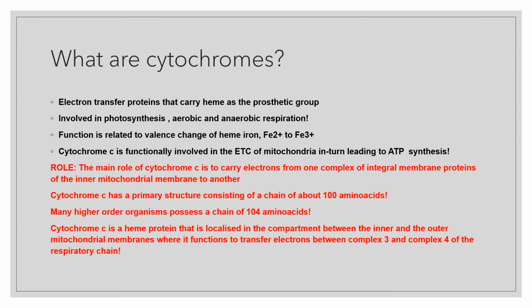Many higher order organisms possess a chain of 104 amino acids. Cytochrome C is a heme protein localized in the compartment between the inner and the outer mitochondrial membranes, where it functions to transfer electrons between complex 3 and complex 4 of the respiratory chain.